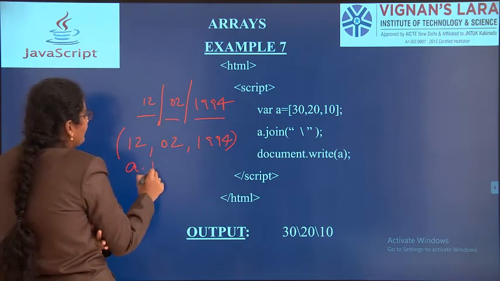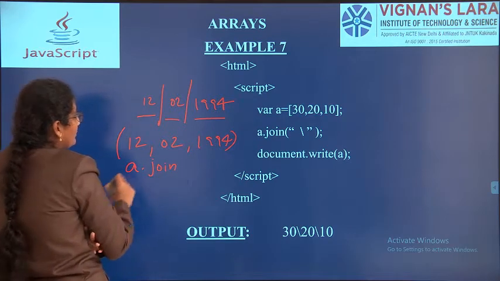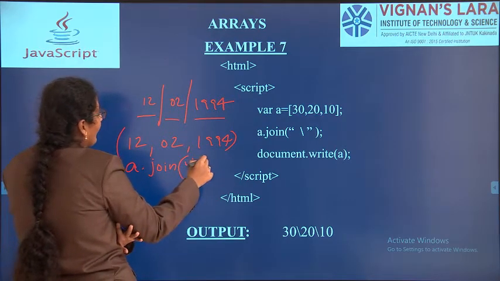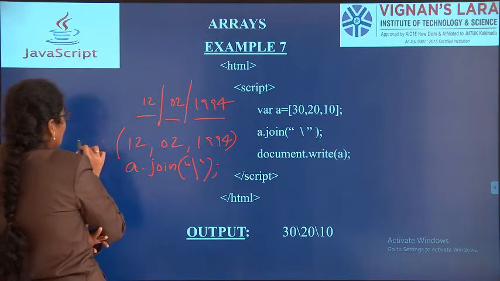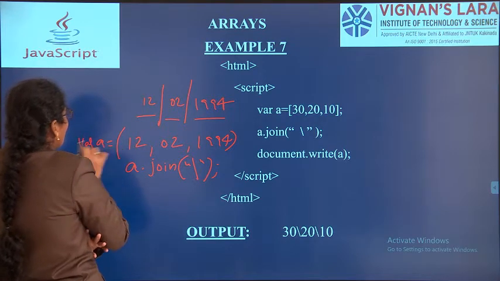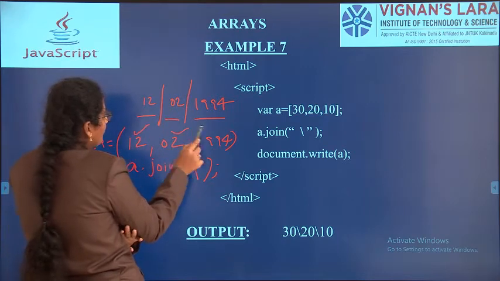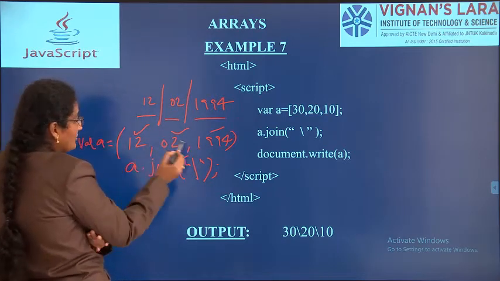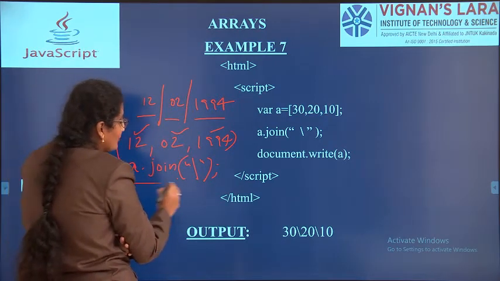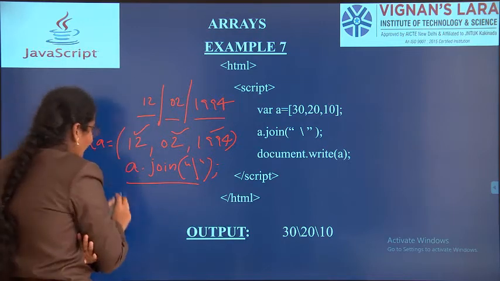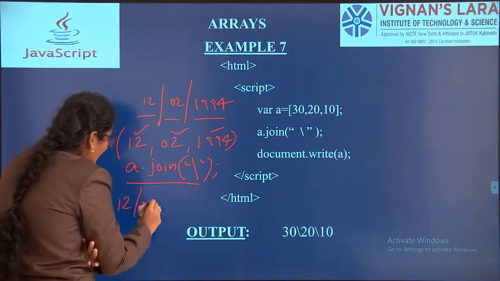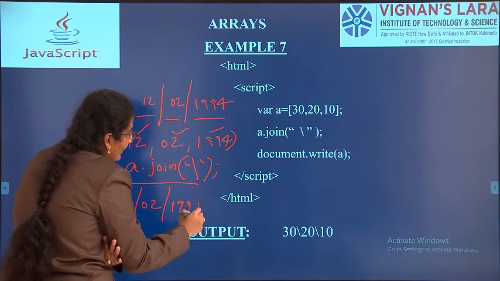You can perform the join method on that, joining using slash. This is array A. So your array name is A. You are taking the array elements as 12, 2, 1994. You want to join these array elements with the help of the join method. Now the output for this will be 12/2/1994.